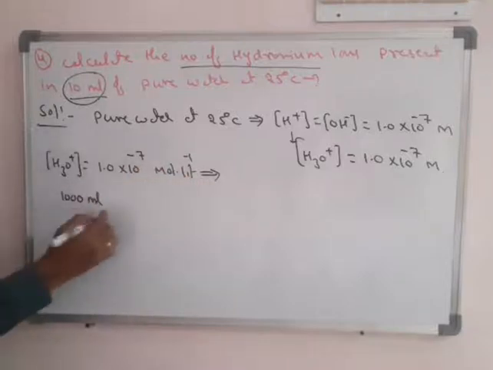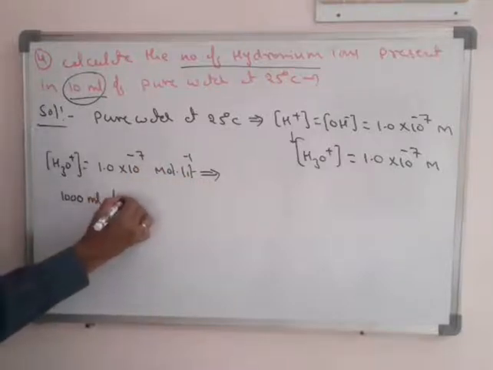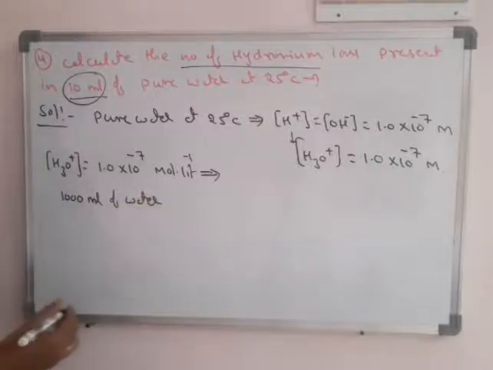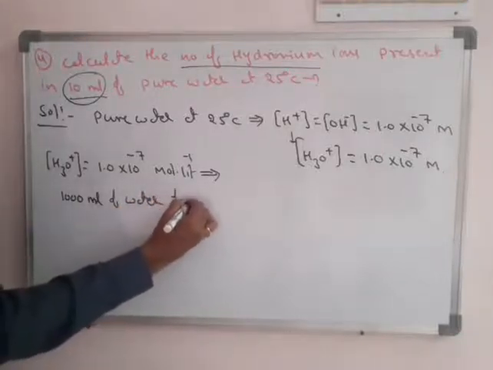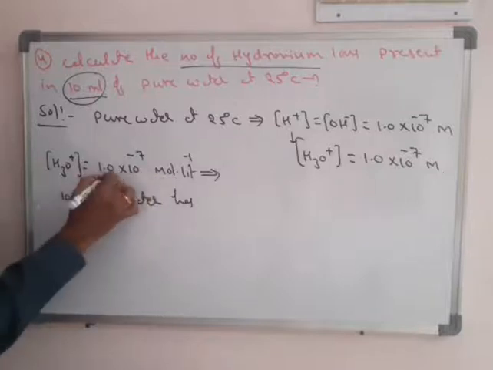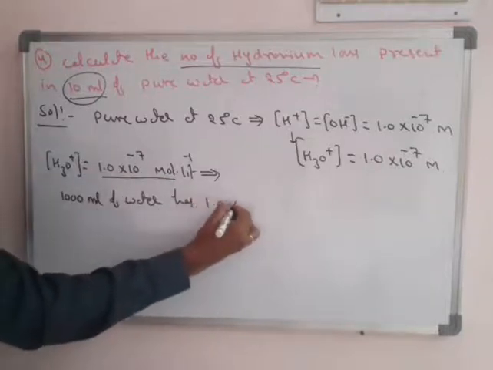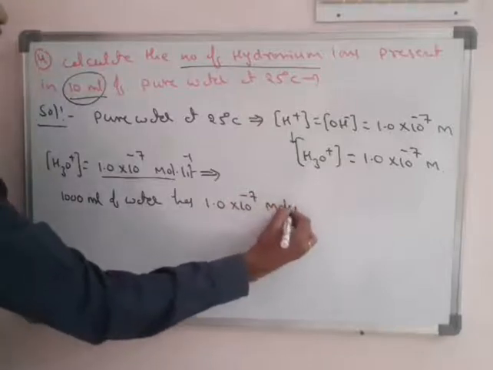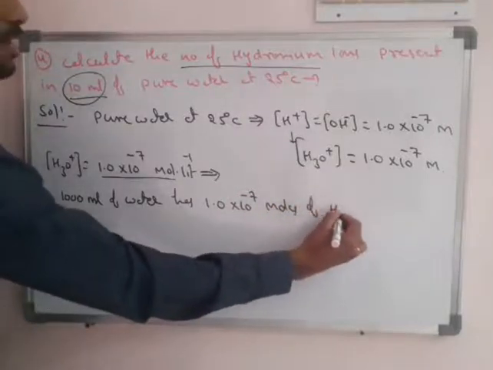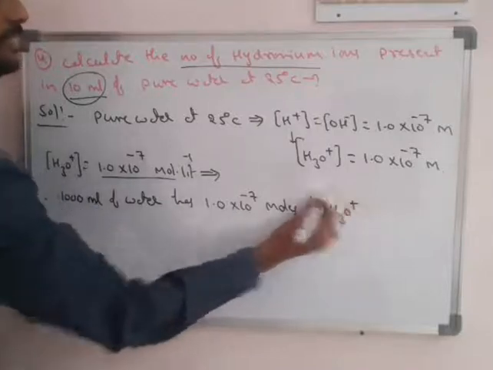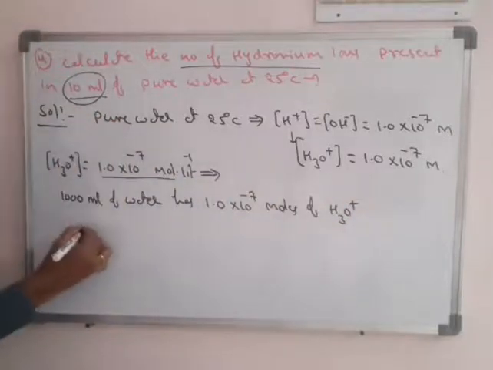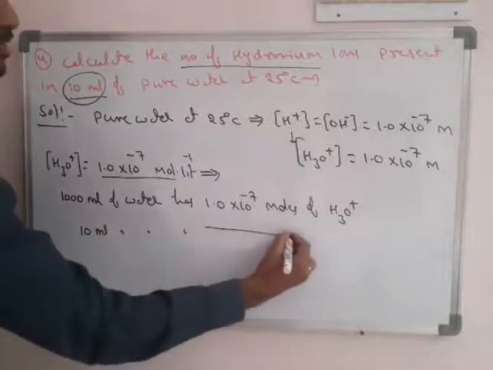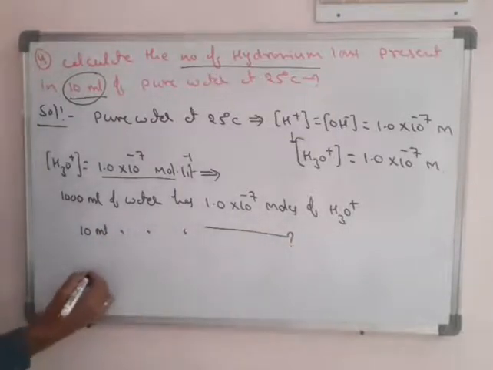So we can write 1000 milliliter of water. 1000 milliliter of water has how many moles? 1.0 into 10 to the power minus 7 moles of hydronium. Then what about 10 milliliters? 10 milliliter of water has how many moles of hydronium ions?